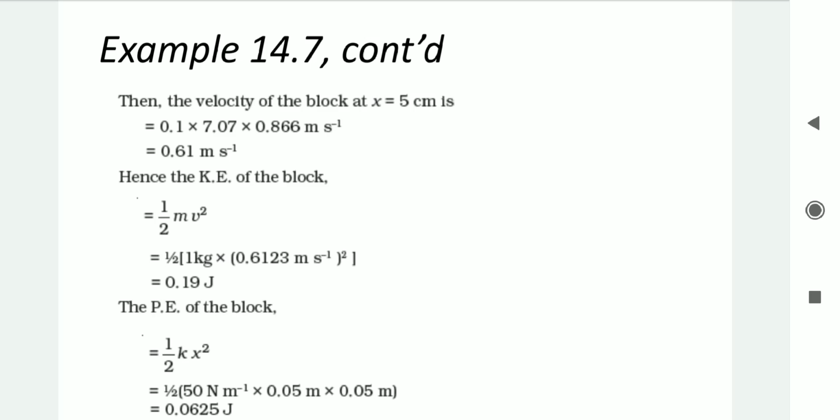Now, the kinetic energy equation is 1/2 m v squared. Substituting the mass of the object, 1 kilogram, and the velocity we calculated, 0.61 meter per second, we get kinetic energy 0.19 joule.